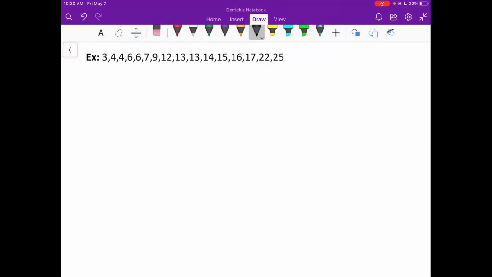For an example, let's take a look at this set of data. This is the exact same set of data we used for our box and whisker plot video as well. We want to find the mean of this set of data to begin with. Now, it probably wouldn't hurt for you to pause this video and calculate the mean yourself so that you can check yourself with what I have, but that is on you. If we go about finding the mean for this set of data, the first thing we would want to do is add up all of these values to see what we get.